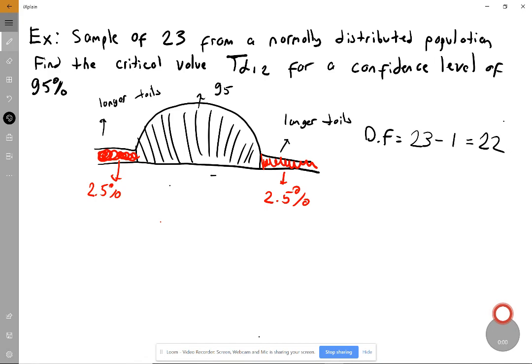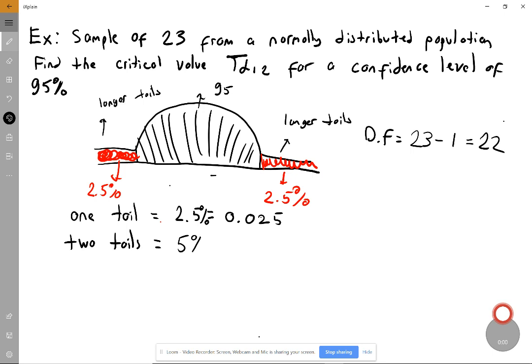Okay. Before we use the t-table, let me just clarify something here. So here, one tail value will be 2.5%, which is 0.025, and two tails will be what? It's the 5%, right?